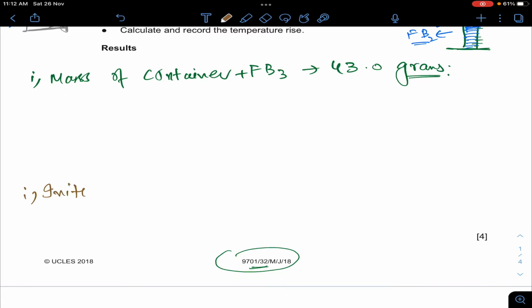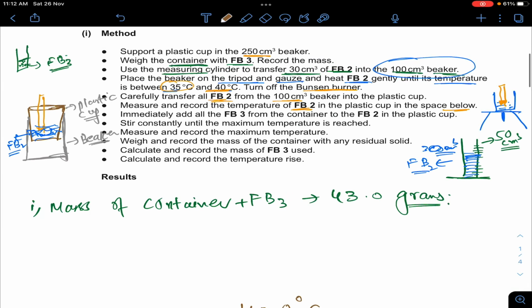Initial temperature, once we added 30 cm cube of FB2 into the plastic cup, the temperature which we get is 40.0 degree centigrade. Then immediately add all the FB3 from the container.